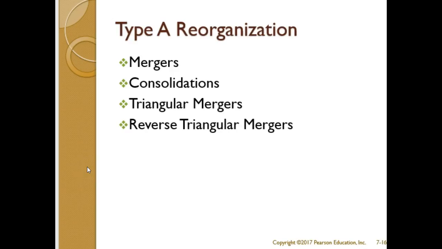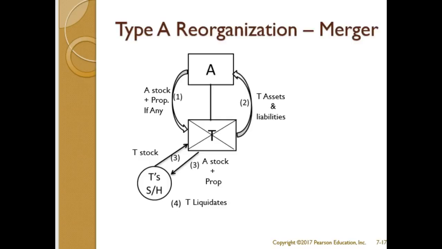Okay, type A reorganization: mergers, consolidations, triangular mergers, reverse triangular mergers. Here's what that might look like. So we have acquiring corporation giving stock and property, if any, to target corporation. Target corporation transfers assets and liabilities. Then A stock and property go to target corporation shareholders.